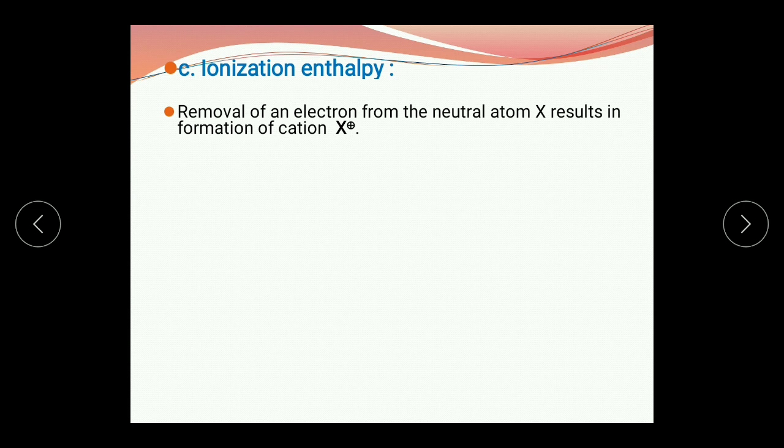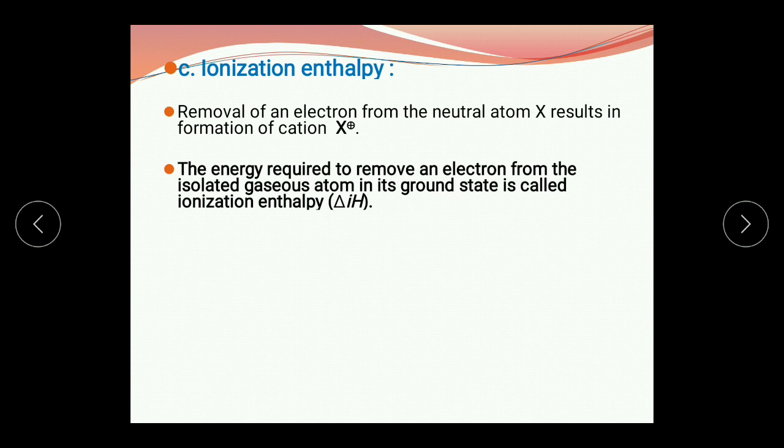When an electron is removed from a neutral atom like X, it gets converted into a cation like X plus. Hence, this is the definition: the energy required to remove an electron from an isolated gaseous atom in its ground state is called ionization enthalpy. In short, the energy required to remove an electron.